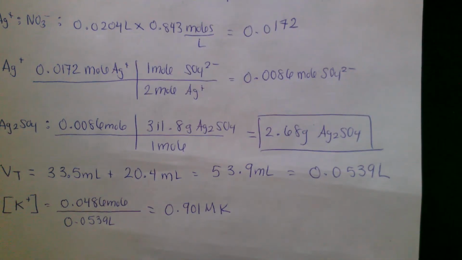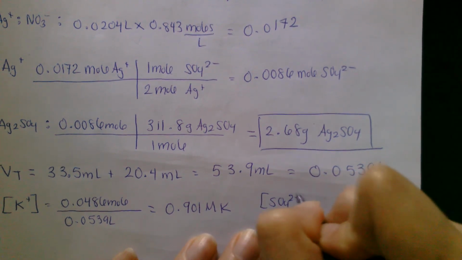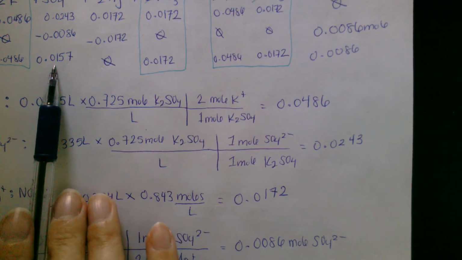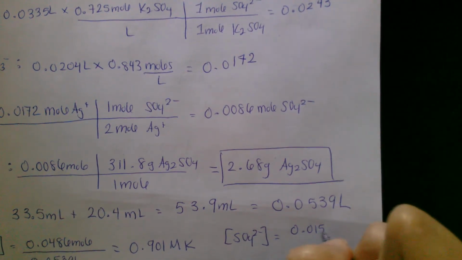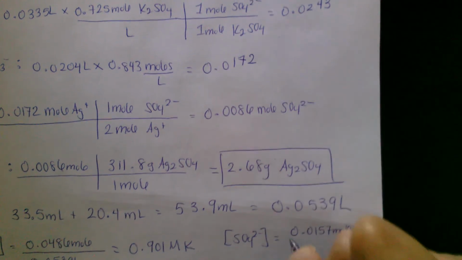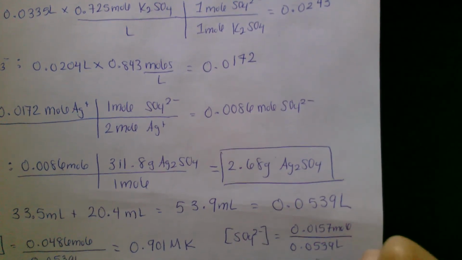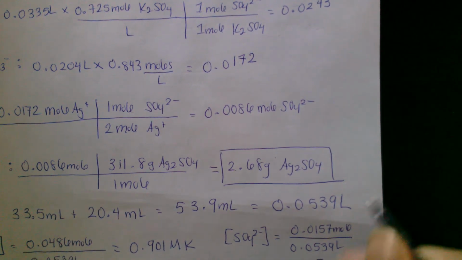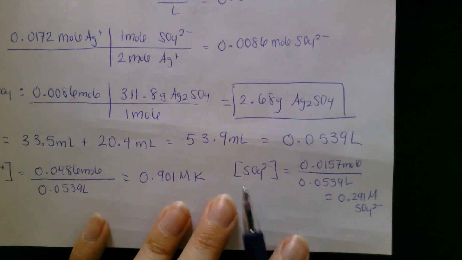Okay, we're going to do that now with sulfate. So our concentration of sulfate. So we're going to grab the moles from the table, the 0.0157 divided by the 0.0539 liters. So our concentration of sulfate ions, 0.291 molar of SO4 2 minus. Oops, sorry about that.